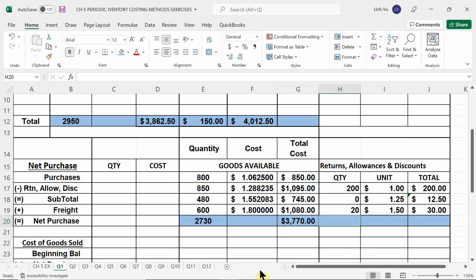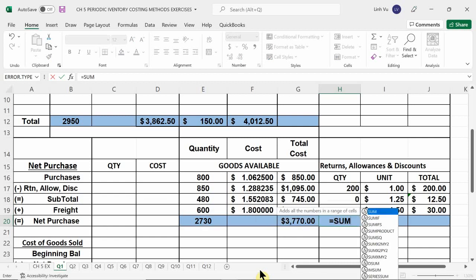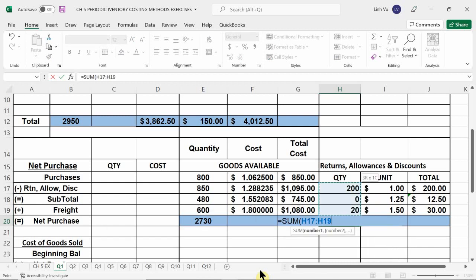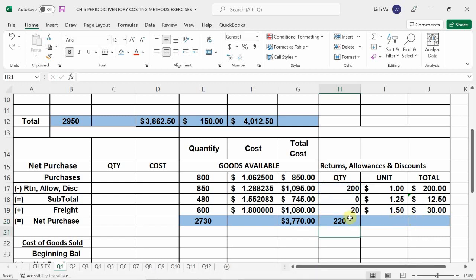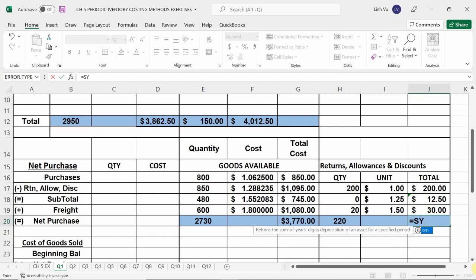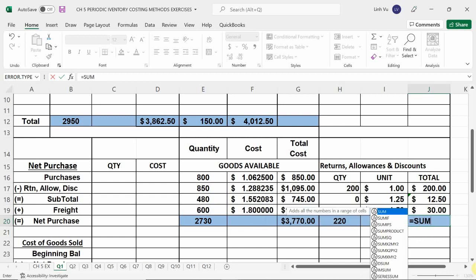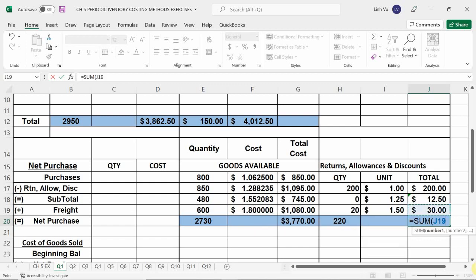Okay. What is my total quantity I returned? 220. Good. And then what is the total refund I got? How much money did I actually get back?